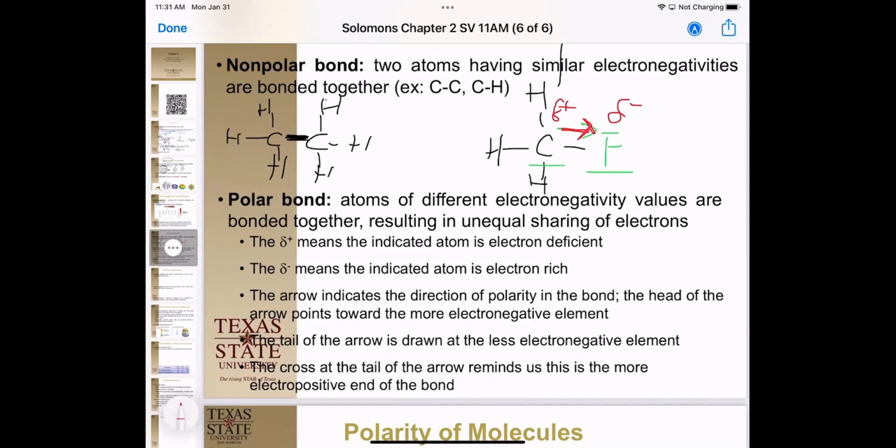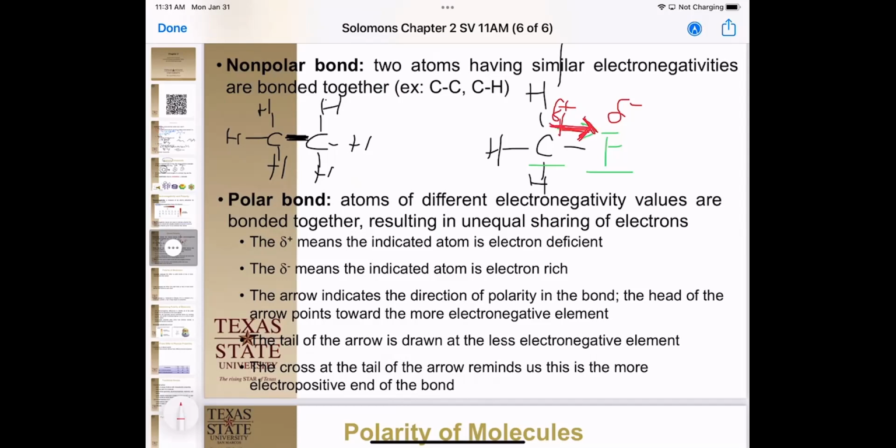So when we look at our systems here, we want to think about, number one, is the bond polar or not, okay? We can decide that by looking at the electronegativity. If there is a polar bond, we need to put an arrow next to it saying that it is polar. It's going in one direction, and to make sure we know that the electrons are going in that direction, we're going to put a little cross on this side of the arrow, saying that's the positive side.